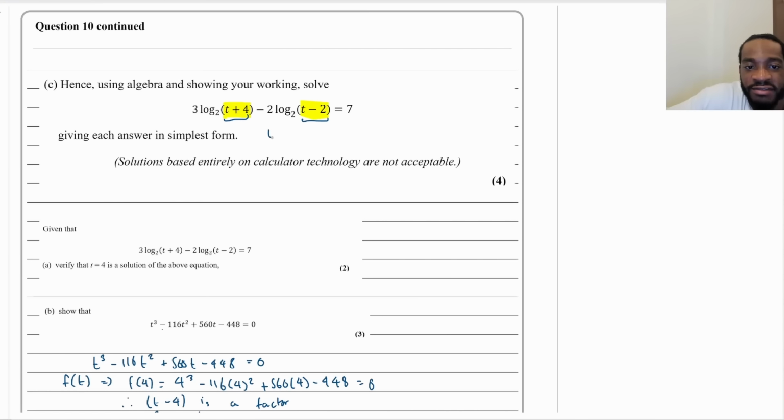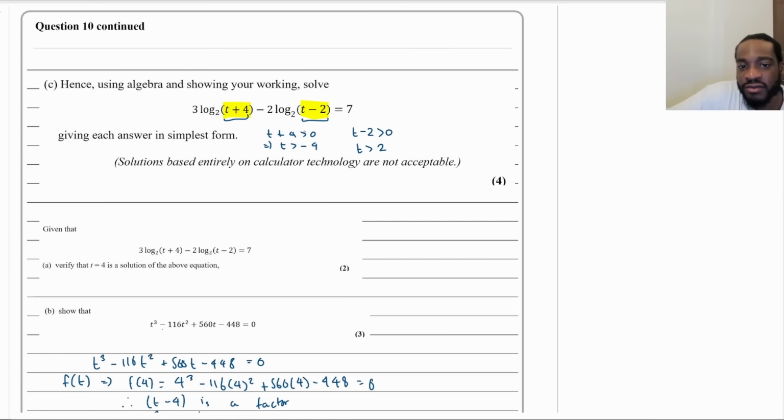For example, if I set the first one, t plus 4 is greater than 0, that tells me that t must be greater than minus 4, like that. And then if I set the second one greater than 0, that tells me that t must be greater than 2.